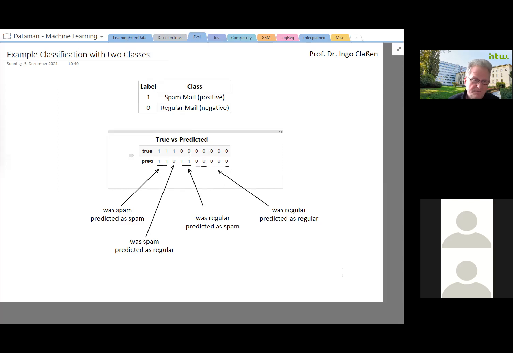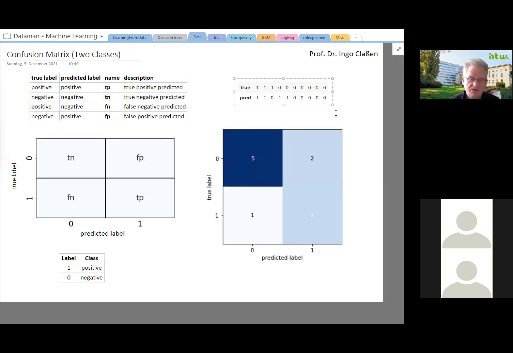In order to talk about classification metrics, there's a vehicle that's called a confusion matrix. That's a very famous concept, the confusion matrix. In this case, we see a confusion matrix for 2 classes.